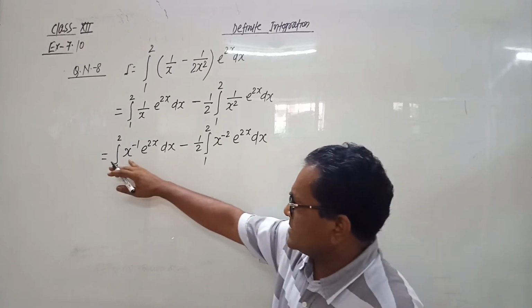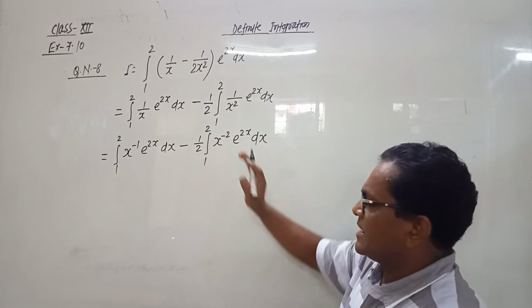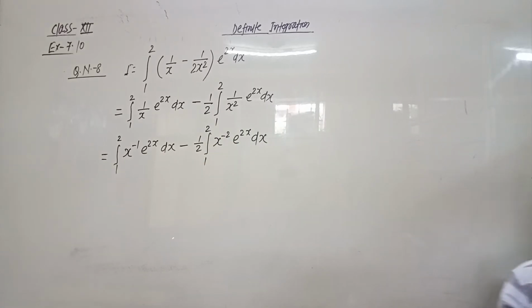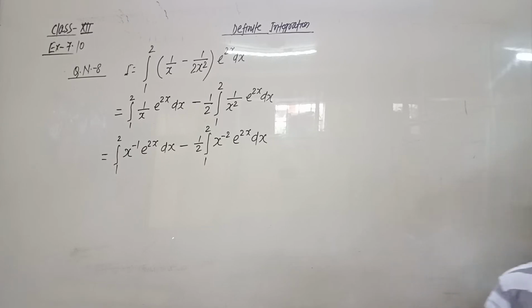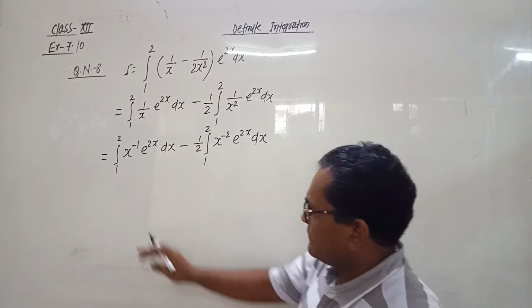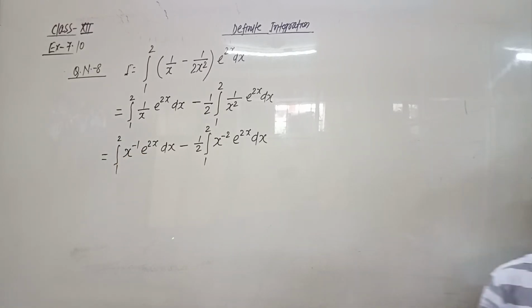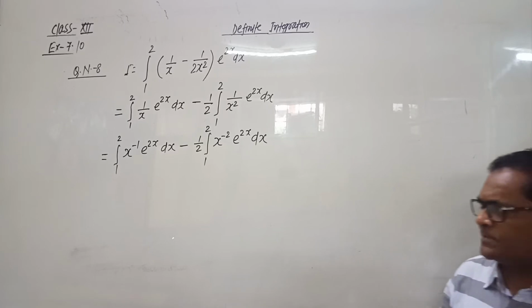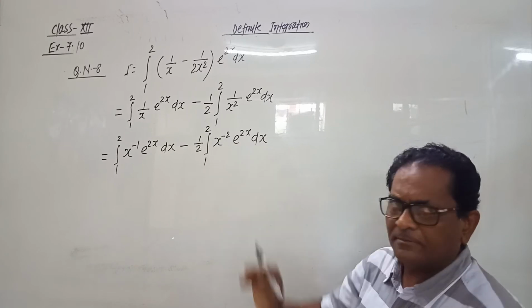In both expressions there are two functions, one algebraic and another exponential. The algebraic function is taken as the first function and the exponential is taken as the second function. And we know that the first function is always differentiated, and the differentiation of x raised to the power minus 1 is minus 1 into x raised to the power minus 2. And here x raised to the power minus 2 is available.